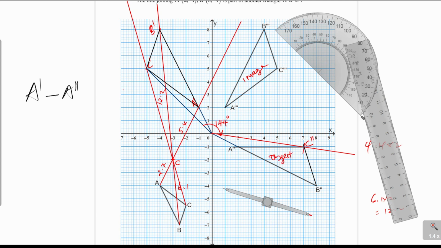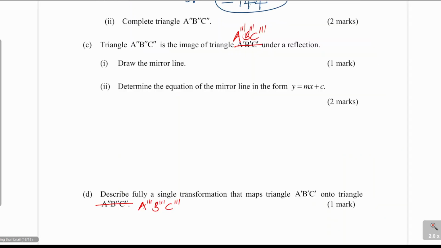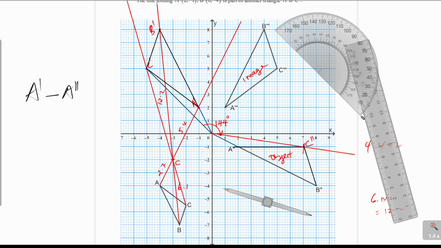So it is a reflection, so we need to actually get the line of reflection, the mirror line. Draw the mirror line. So the mirror line is a line that passes through the center of the two figures, that is the image and the object. You need to remind yourself of the properties of reflection.